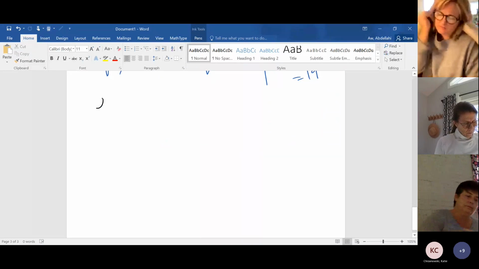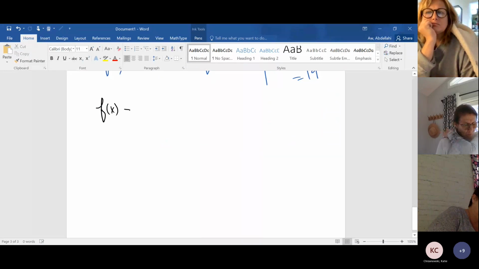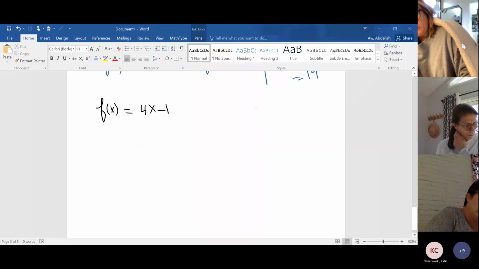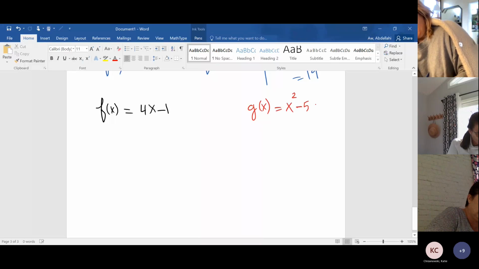We have f of x equal to 4x minus 1, and g of x equal to x squared minus 5x plus 3, something like that. Okay, everybody, let's do that together.